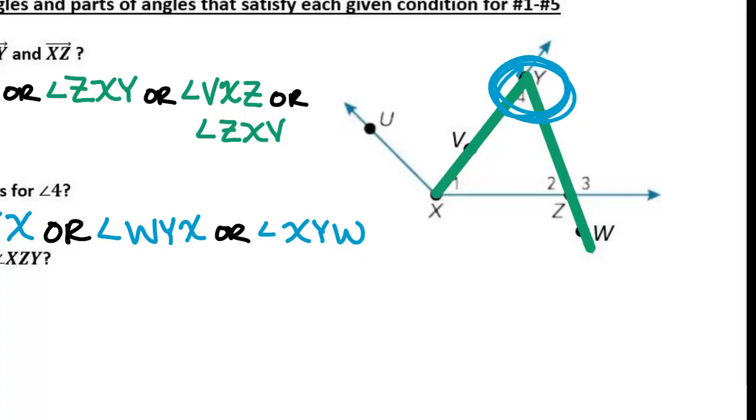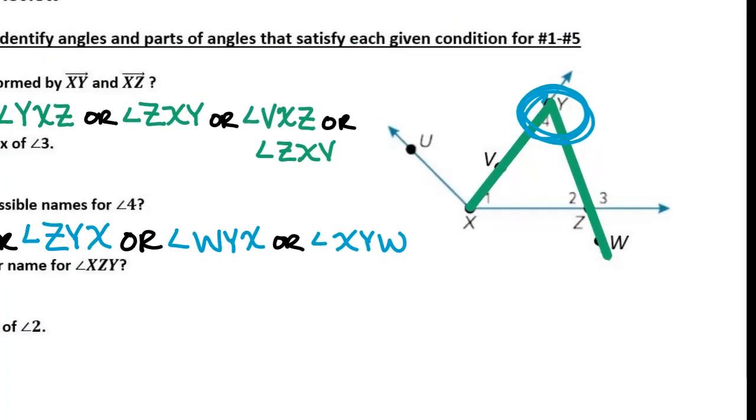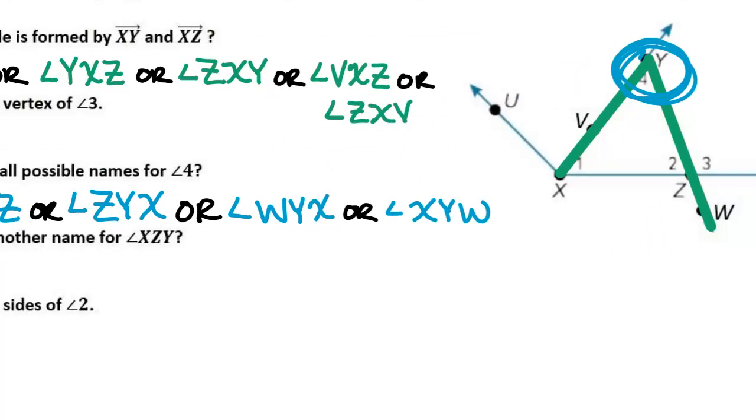ZYW? VYW, yes. V is on the same ray as point X, so VYW would work. Or we could do WYV.